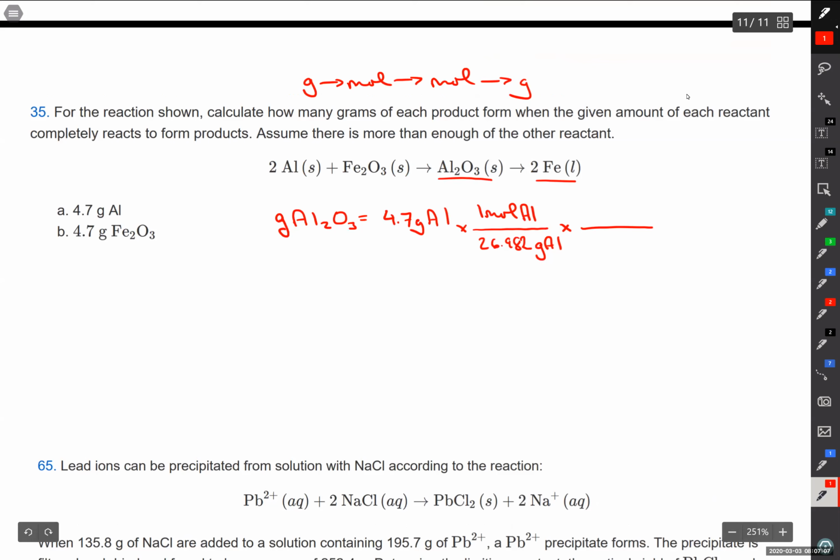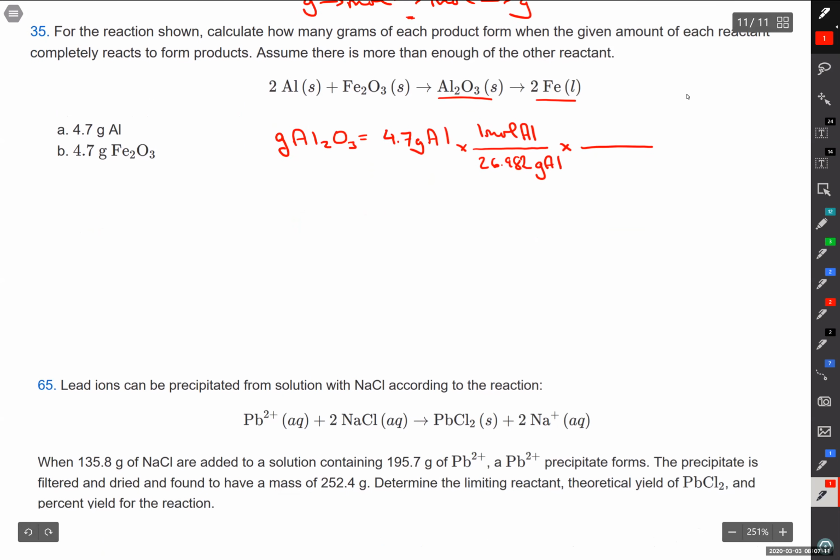That's this part here, right? And what's the molar ratio of aluminum oxide to aluminum? What's the relationship, looking at the equation?